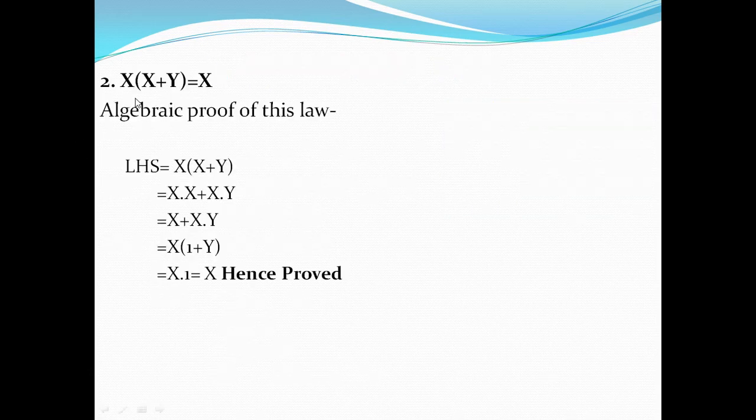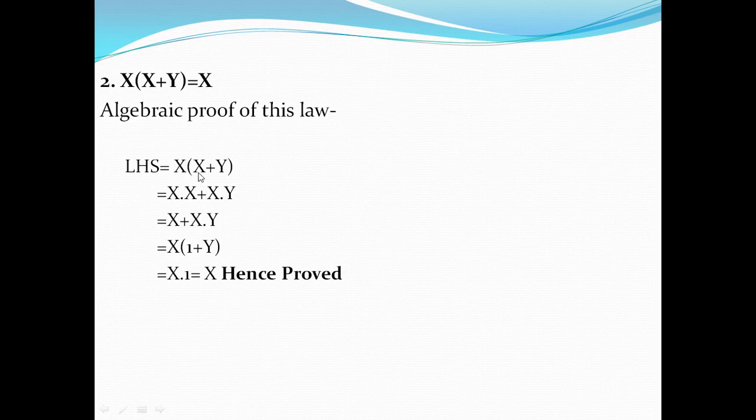The last absorption law, the second absorption law, and the last of the basic theorems, is x dot (x plus y) equal to x only. You can solve it using a truth table also. We have the algebraic proof for this law. We'll take the LHS, x dot (x plus y). Now multiply this x with each term, with x and with y.